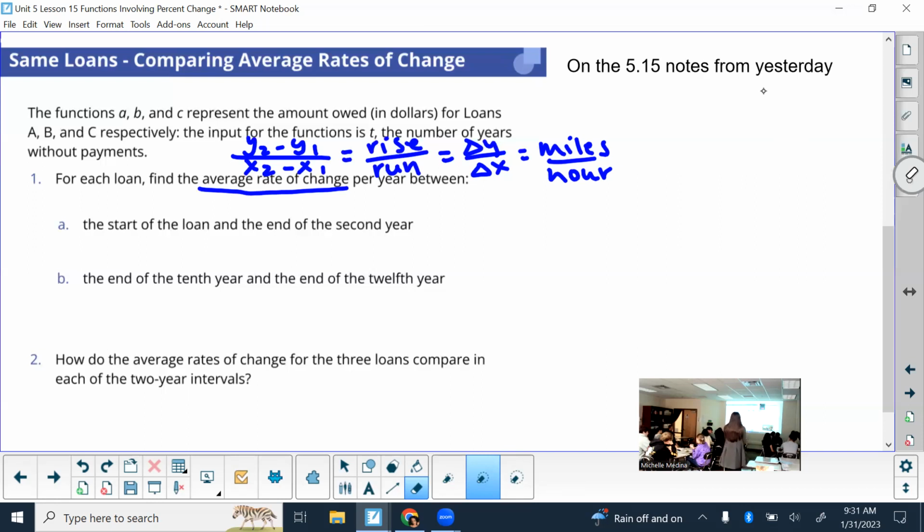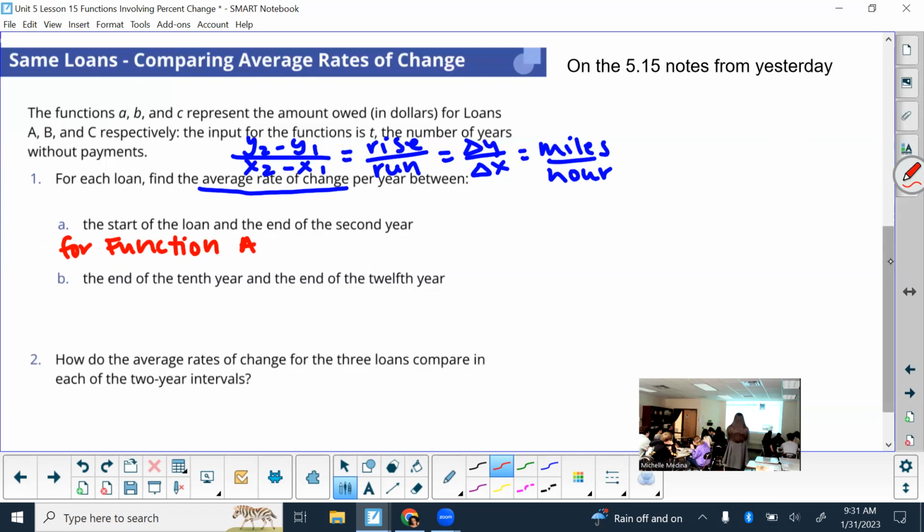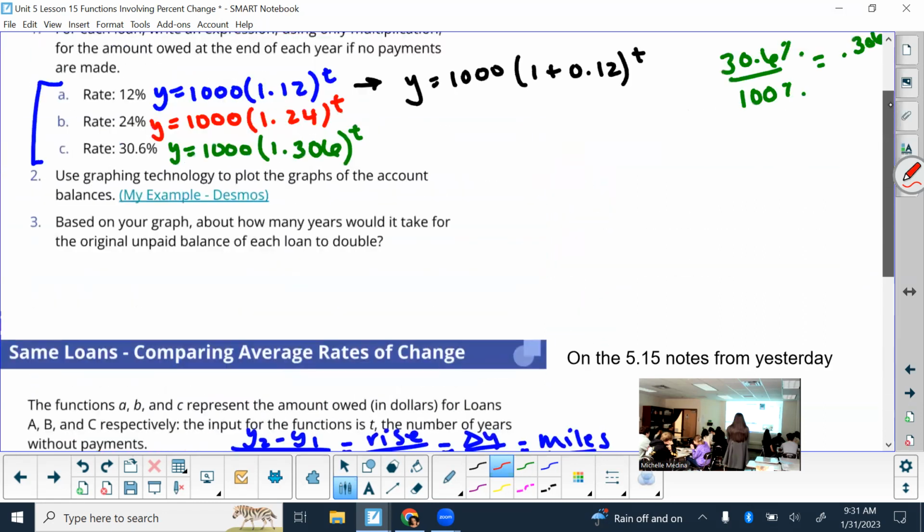So let's practice. It says find it for each function, but I'll tell you exactly which one to use. We're going to find the average rate of change in part A from the start of the loan to the end of the second year for function A. We came up with that equation yesterday, so I'll scroll back up to it.